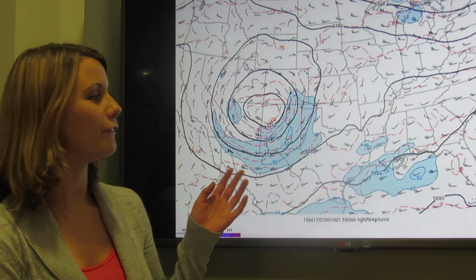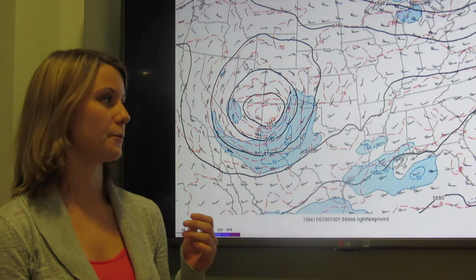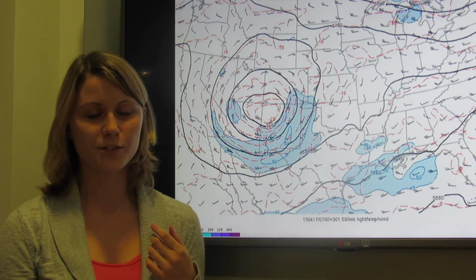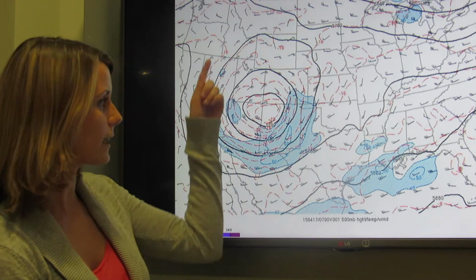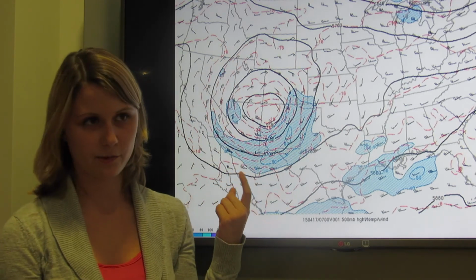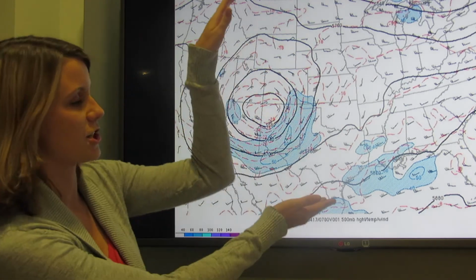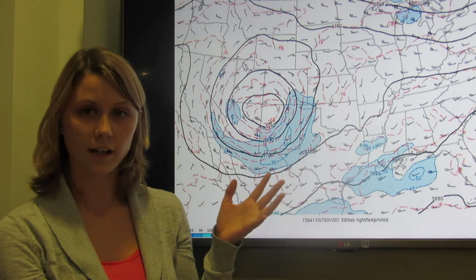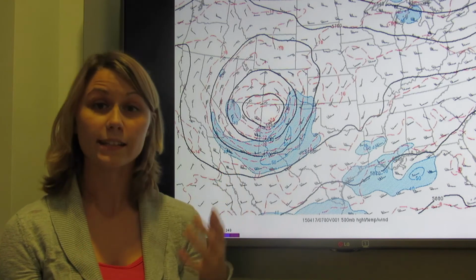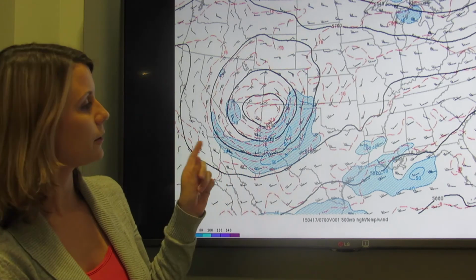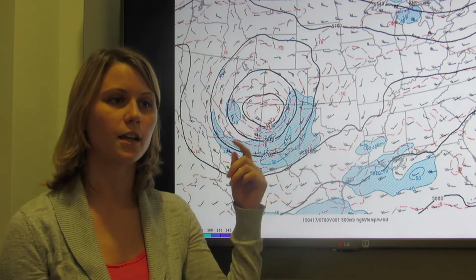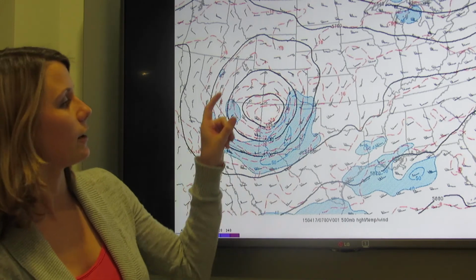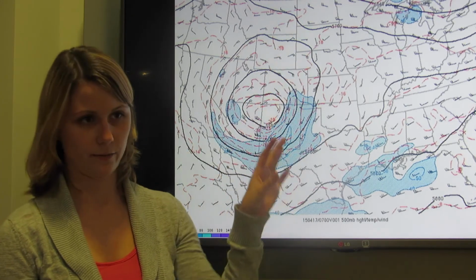Here is a sample 500 millibar or upper level map from a precipitation event on April 17, 2015. With the Rocky Mountains to the west of the Great Plains region, air aloft is stretched as it passes over the sloped terrain, causing a surface low, a broad circulation, which is known as lee cyclogenesis. This upper level trough and the strong winds aloft promote vertical motion and cloud and thunderstorm development over the Great Plains region.